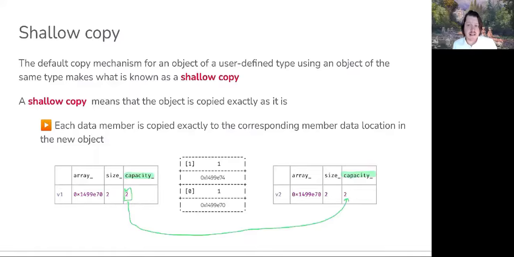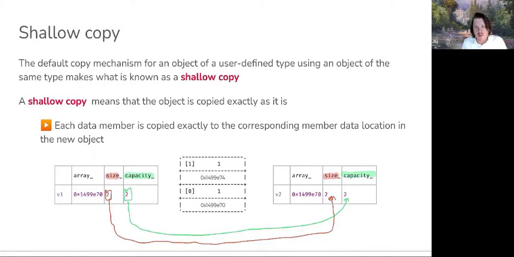So v2's capacity is also 2. Furthermore, the value stored in v1's size would be copied over precisely as it presents in v1 into the corresponding size field of v2.